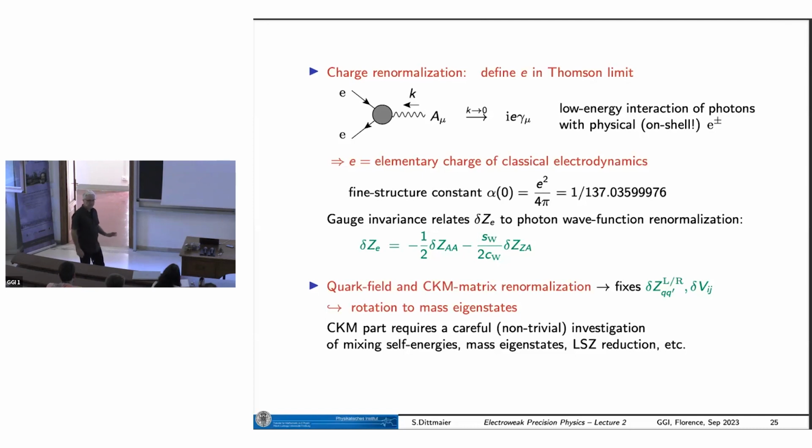It would play a role if we had flavor change and would investigate this, but doing the renormalization of the CKM matrix has over many years always caused discussions in the literature, because it's not so easy to interpret the result. Anyway, it's done in various versions. You can look it up. I will not cover it here.